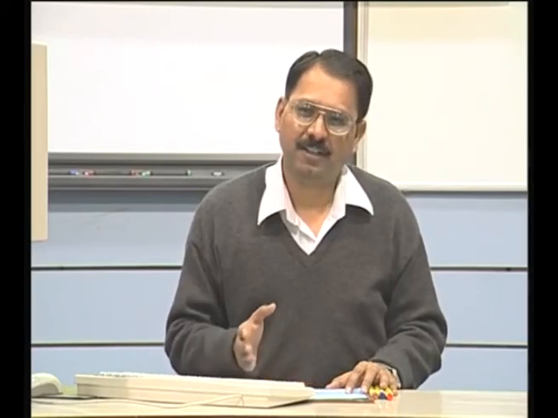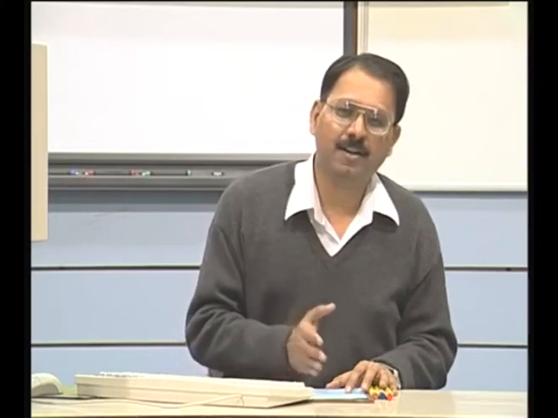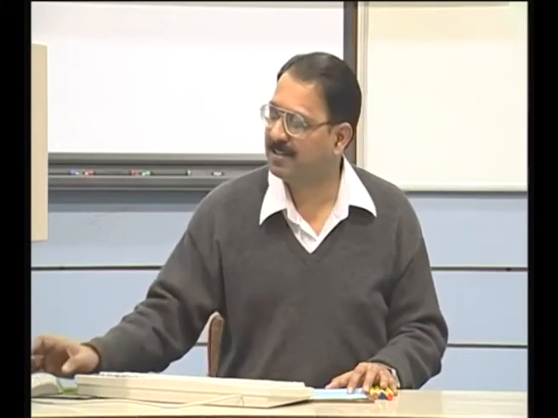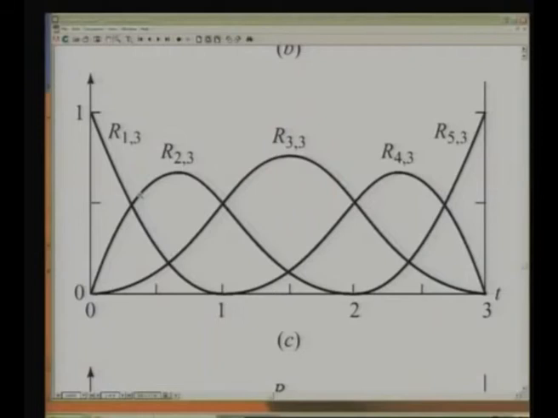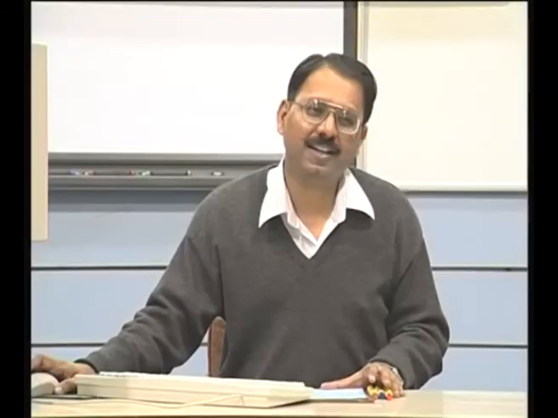Like we said, there is a non-uniform B-spline curve, because if I look at these functions, they are different at the ends compared to the middle. Suppose the middle one is repeated for all the cases from the starting point to the end point, take the same function as this, then I also get a uniform B-spline curve, and in that case the curve does not pass through the starting and end points.